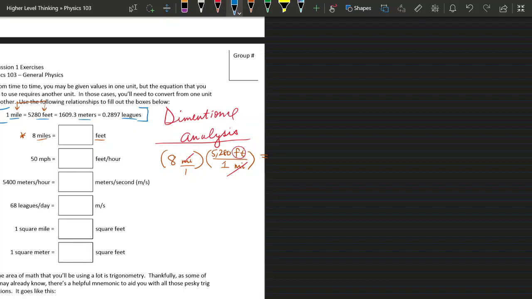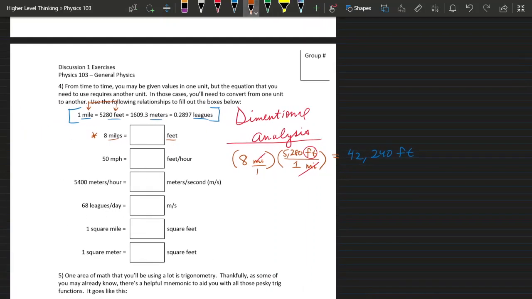So if I type into my calculator 5,280 times 8, I'm left with 42,240 feet. Let's try another example.